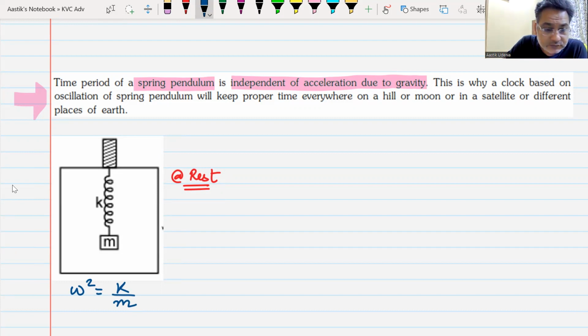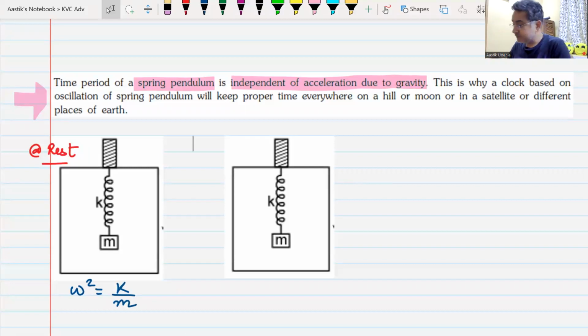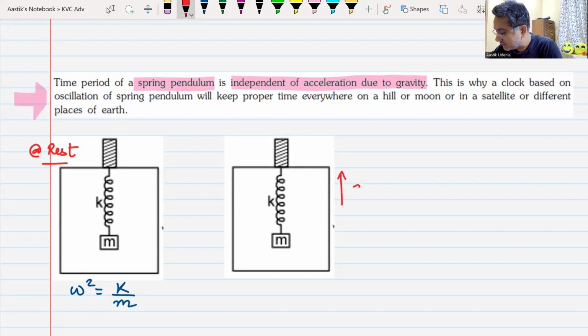Okay. Now this lift is moving upwards with an acceleration a. Now I start the oscillation of this spring pendulum.